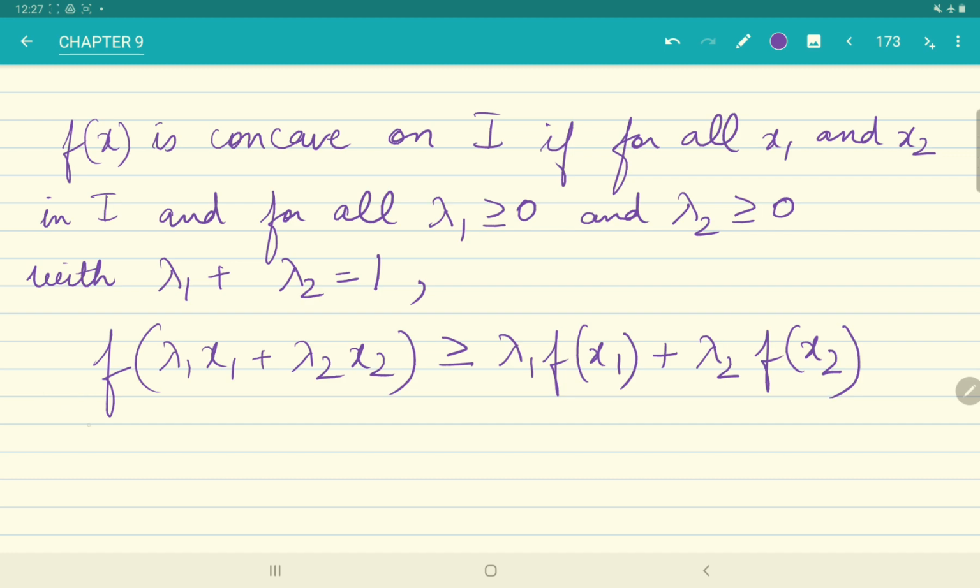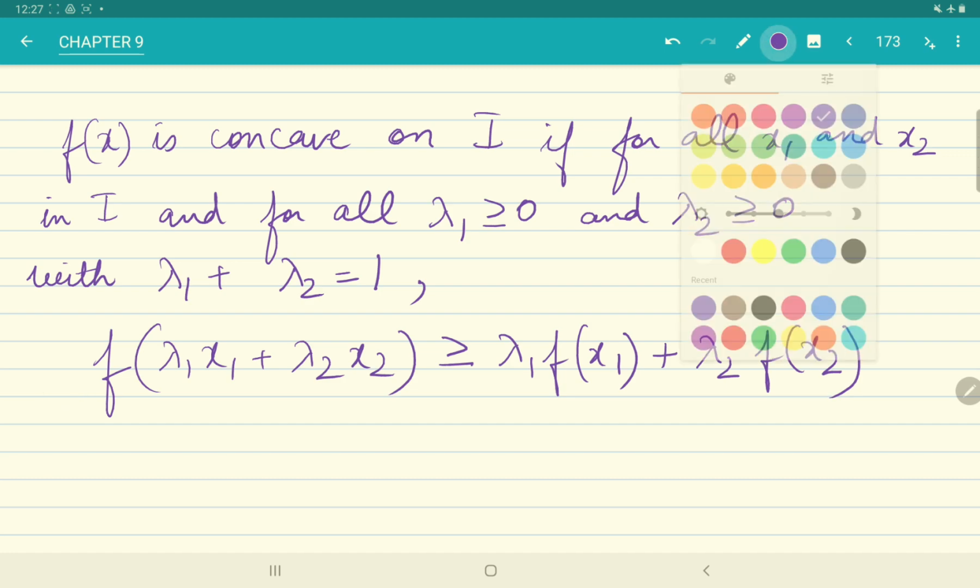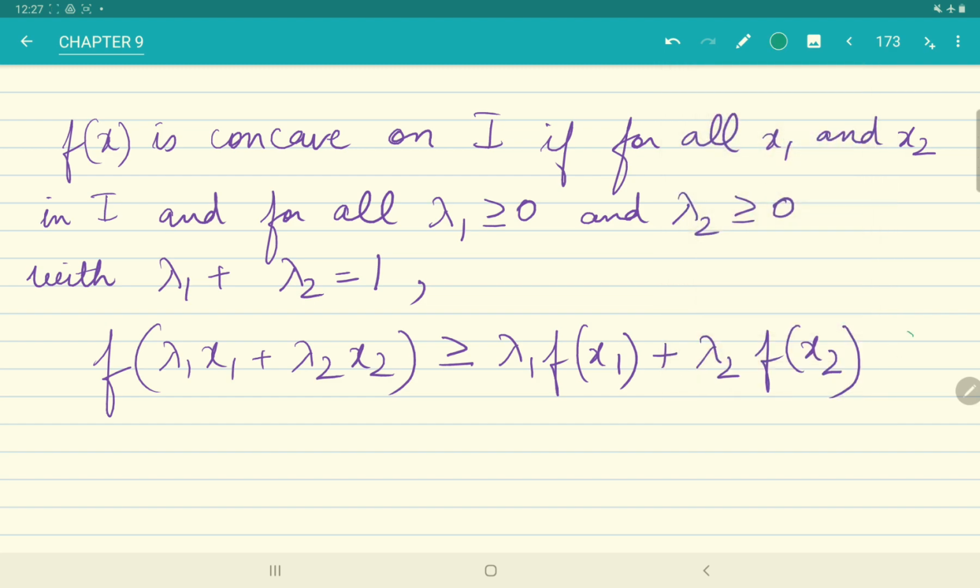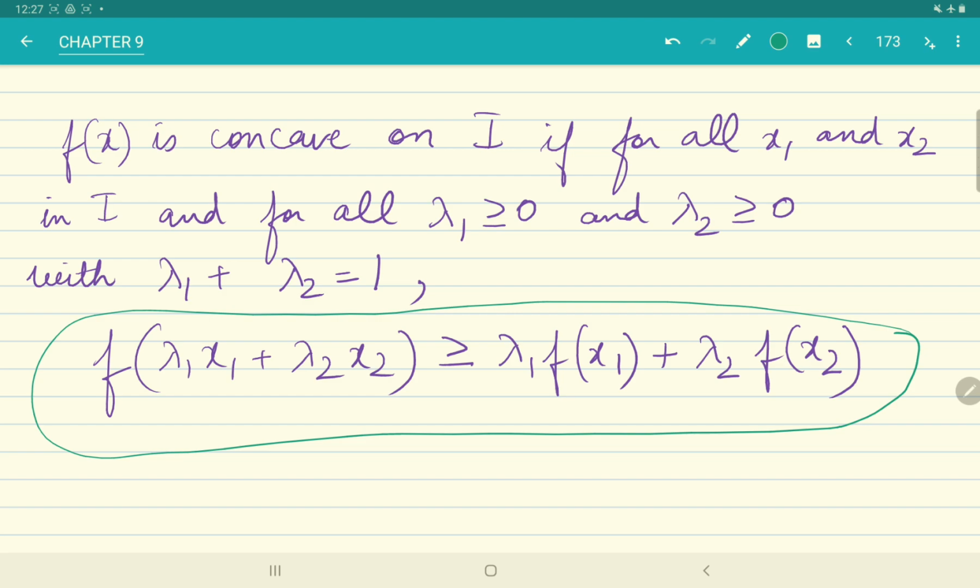When we generalize this inequality, what I have written here, what I get is called Jensen's inequality. When I generalize this inequality, we get Jensen's inequality.